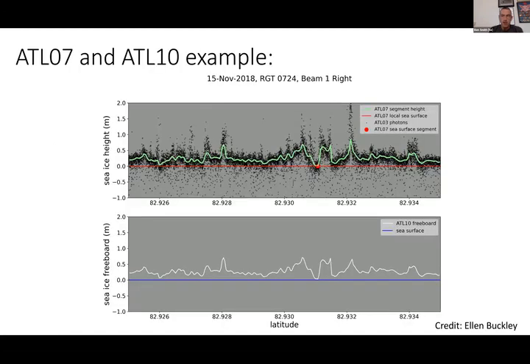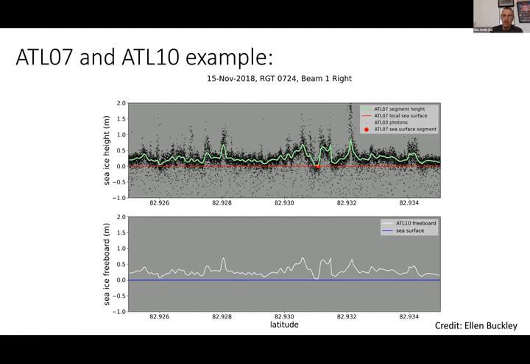So here are a couple of pictures showing ATL07 and ATL10. The top one, we have the photons, then the ATL07 segment height fit to those photons. And we have one spot where the ATL07 algorithm identified a lead where you're seeing through a crack in the ice down to the sea surface height itself.